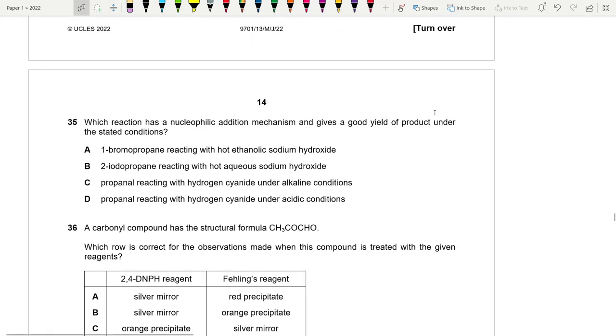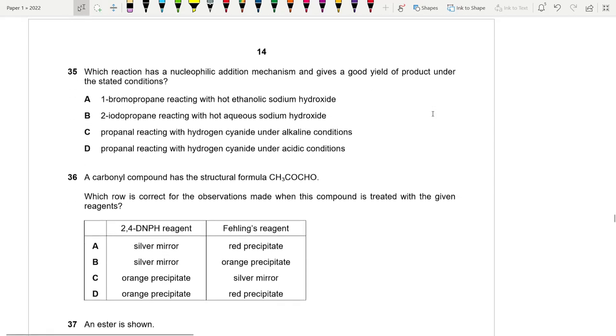35. Which reaction has a nucleophilic addition mechanism and gives a good yield of product under the stated conditions? No, this is elimination. This is wrong. 2-iodopropane with hot aqueous sodium hydroxide. This is all right. Oh wait, this is elimination. 2 is nucleophilic substitution.